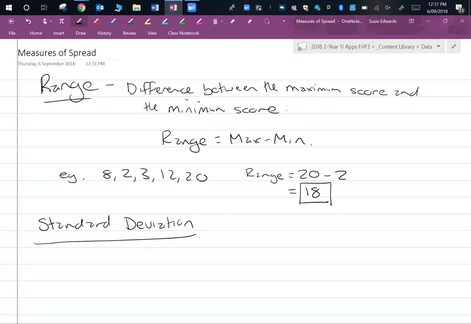So the range is the spread from the minimum to the maximum score. What is standard deviation? Does anyone know? Yeah, okay. So if you've got the mean here, it's the average distance or the mean distance of the scores away from the mean.